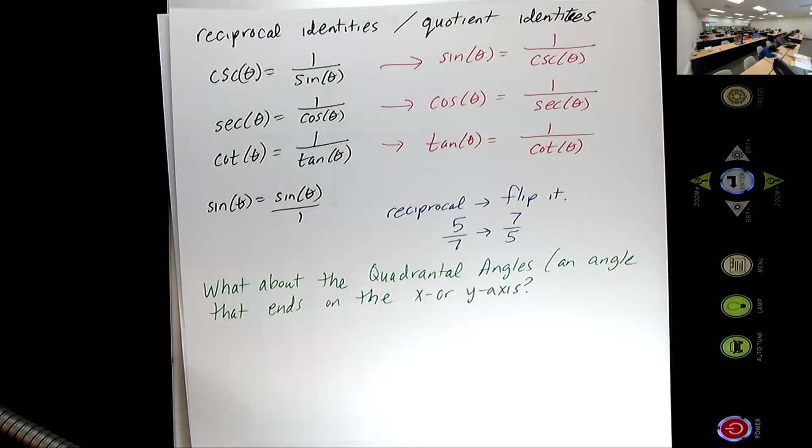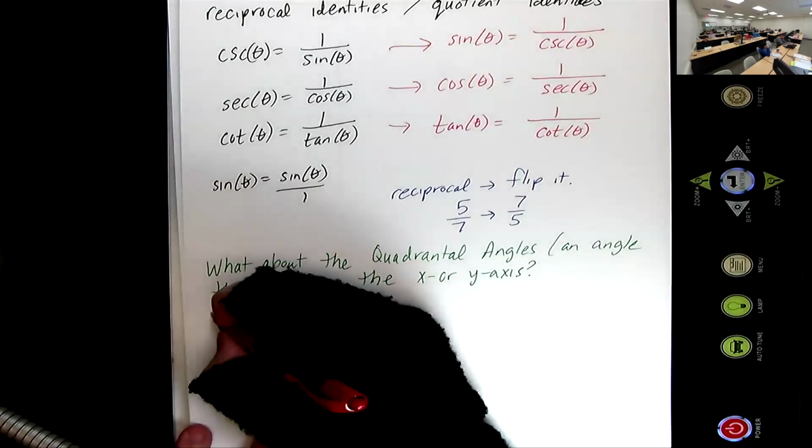We're still going to do all the same things. Let's take a look at an example. Let's say we have an angle of 90 degrees.